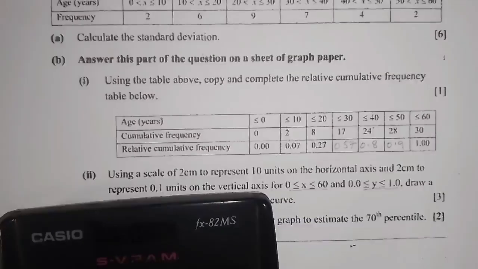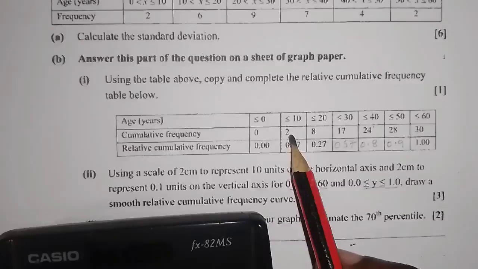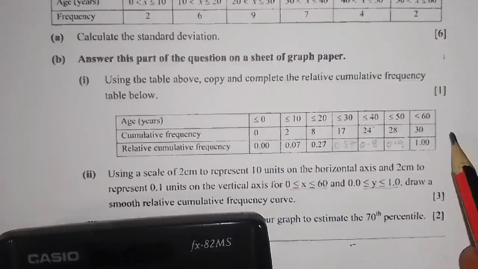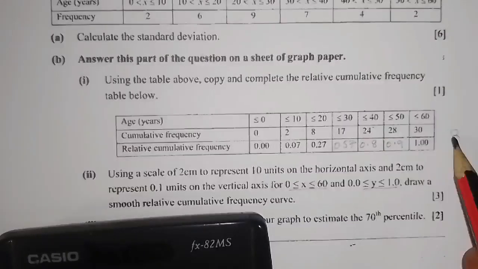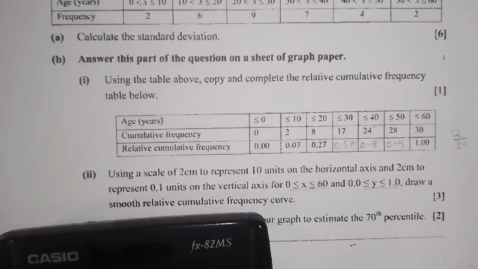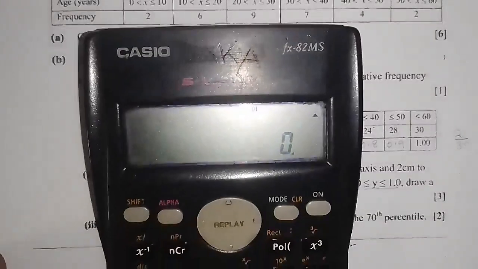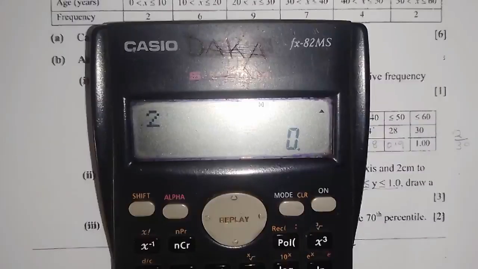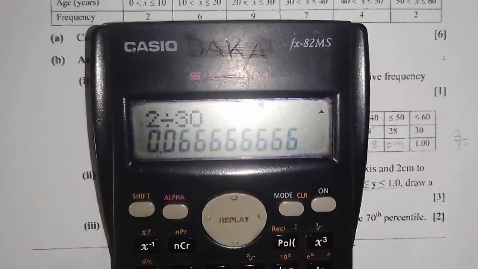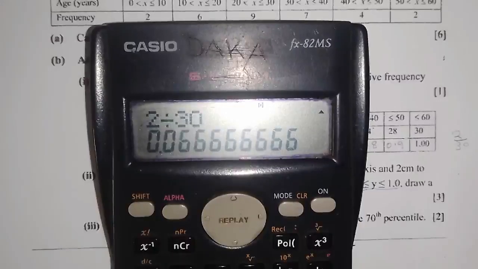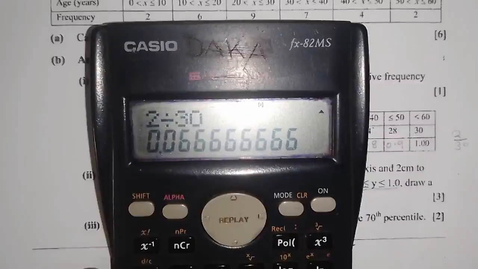For example, 2 divided by 30 gives 0.06, rounded off to 0.07.